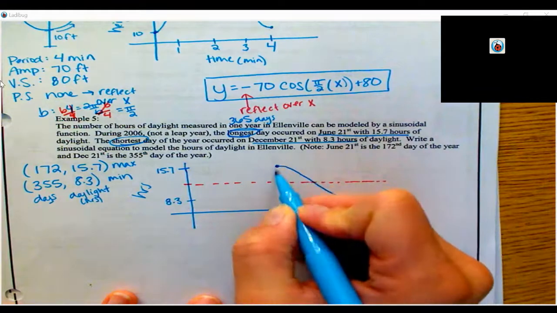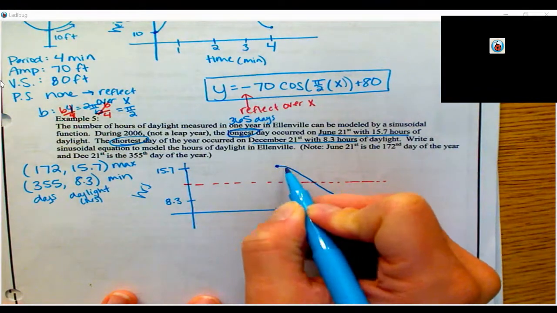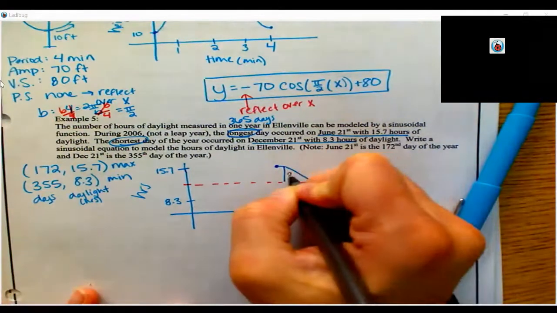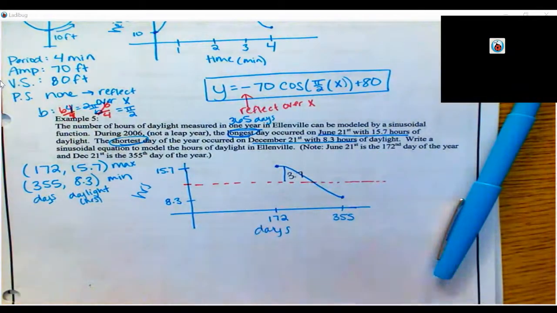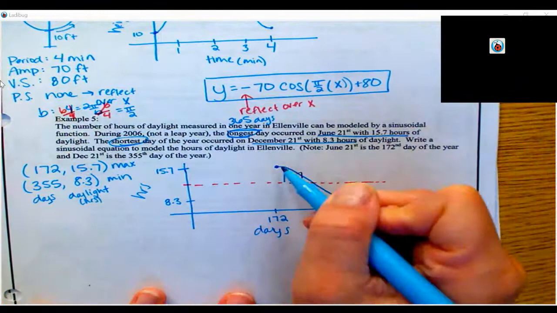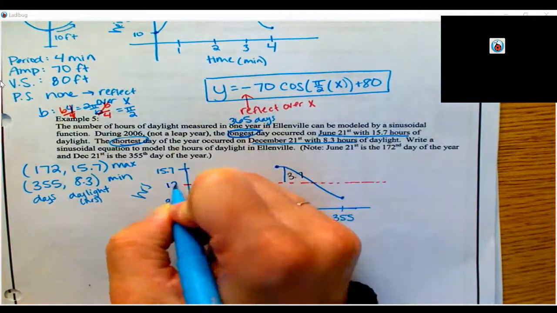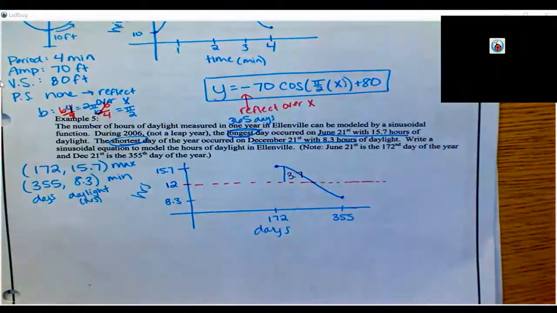So from here to here is 3.7, if you want to think about it that way. But if you take 15.7, subtract 3.7, or 8.3 and add 3.7, that puts you at a midline of 12. How many of you got 12 for your midline?